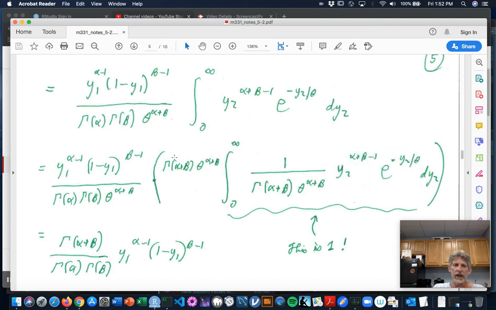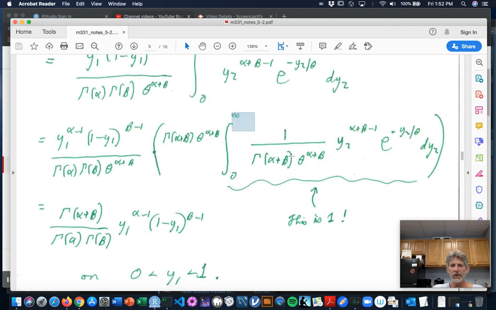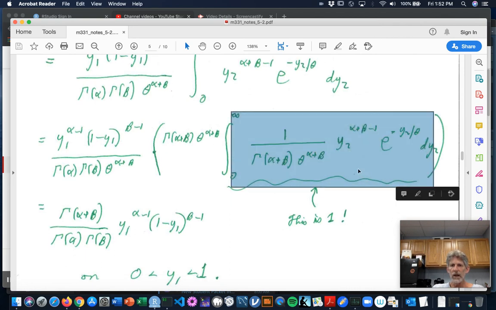And of course, to do that, I'm going to have to multiply by a gamma of alpha plus beta and a theta to the alpha plus beta, which as a constant I'll factor outside. So I haven't changed the expression I'm working with. But this stuff right here, that's the PDF of a gamma random variable where the shape parameter is alpha plus beta and the second parameter is still theta, being integrated over its support.